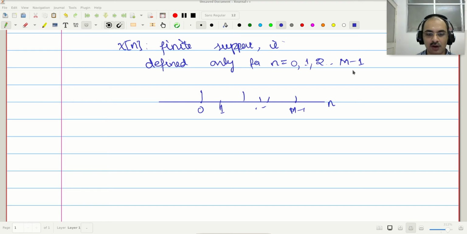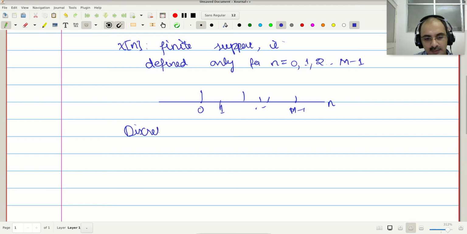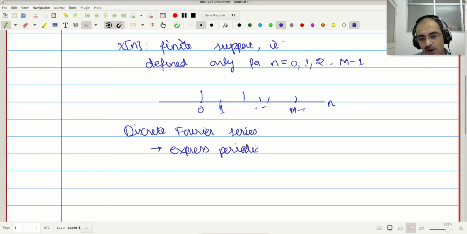In a similar way, we are going to define the concept of the discrete Fourier series, that is, we can express periodic sequences using sinusoids.